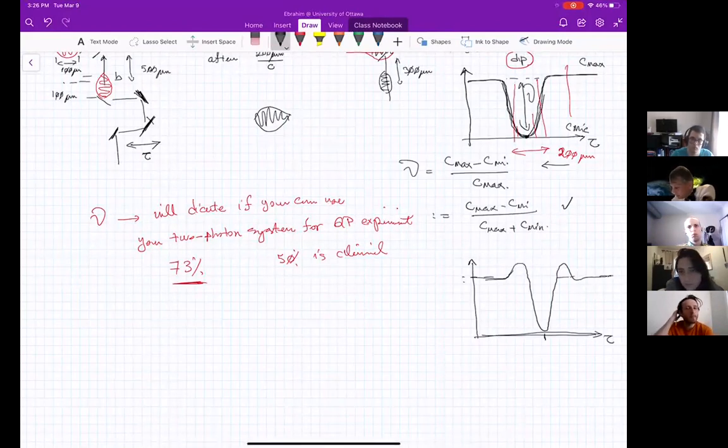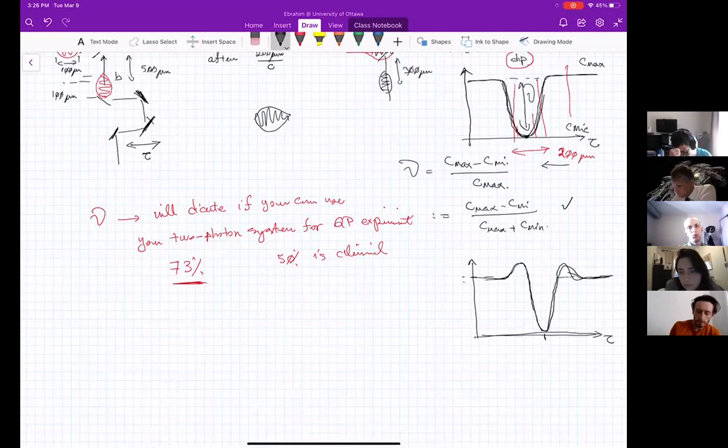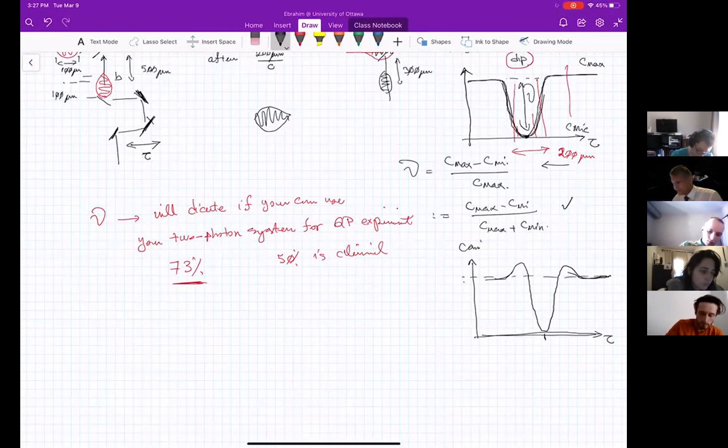This is what you do see in the laboratory usually. Sounds strange, right? Because you see the coincidence has some certain threshold, but then it goes up just before the dip. Anyone?